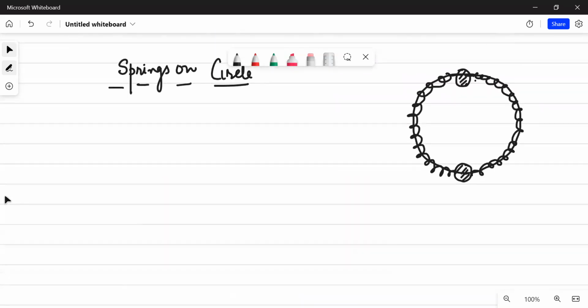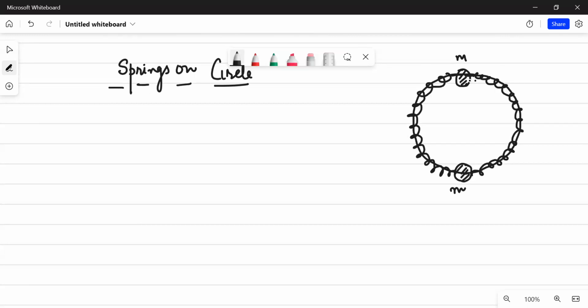So if I take springs on the circle, these are connected by two springs. This is your identical mass. Obviously, this is frictionless. You can take this particular circle like a piece of metal, and this is frictionless, so that all those dissipative forces do not come into place.